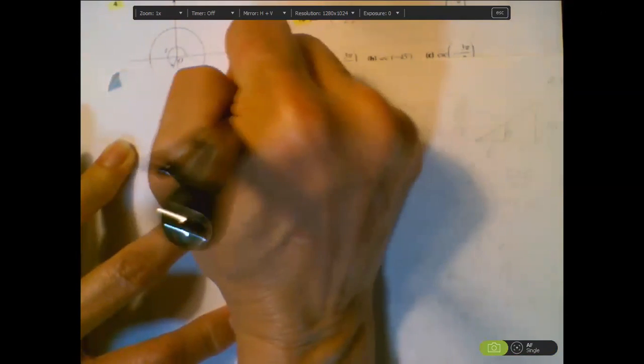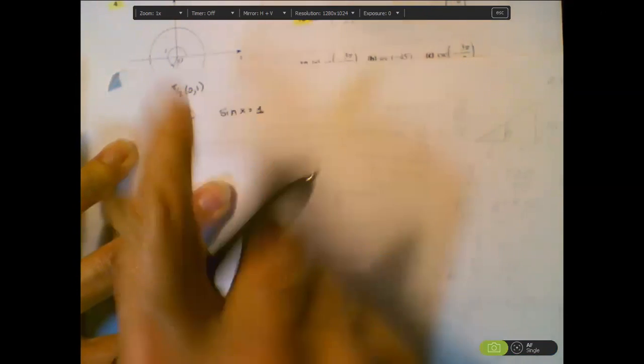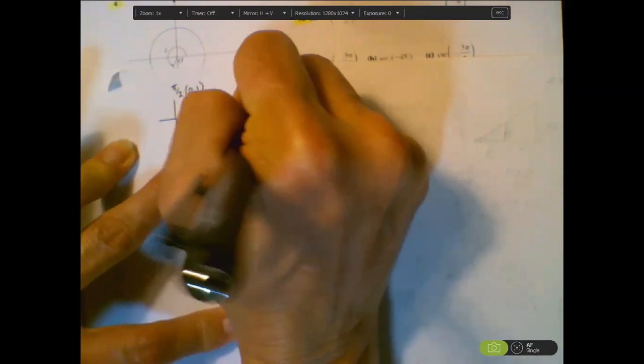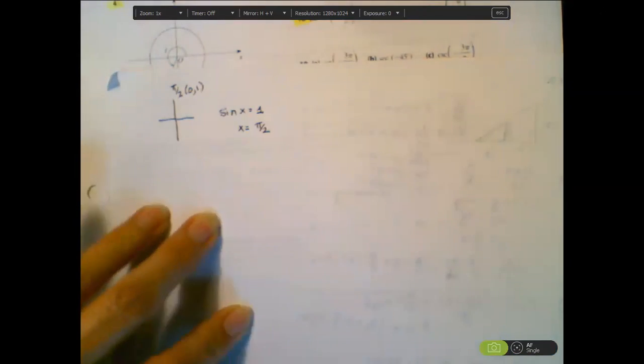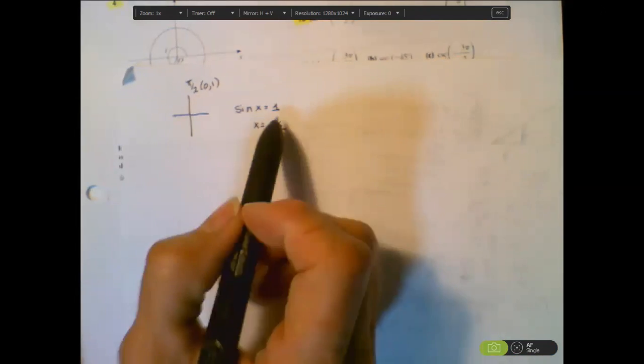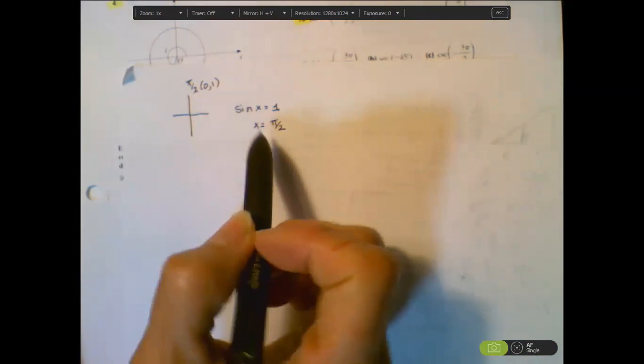So in the equation sine of x equals 1, I'm looking for the angle where sine is 1. And in one revolution of the unit circle, that angle is pi over 2. But if I have to go all the way around the circle and land here again, I'm finding a coterminal angle. How do I find an angle that's coterminal, ends at the same place as pi over 2?